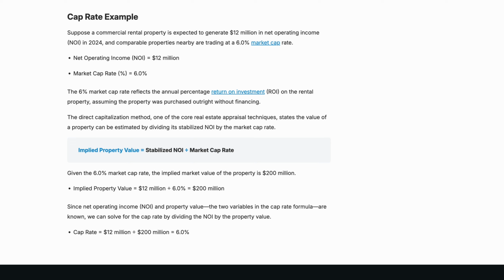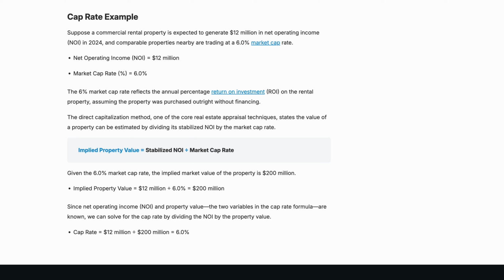Given the 6% market cap rate, the implied market value of the property is 200 million. How? Implied property value is 12 million divided by 6.0%, which comes to 200 million.